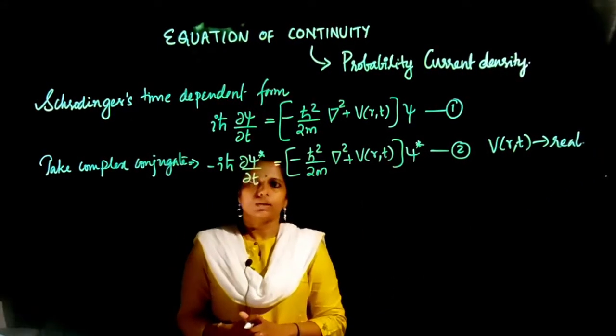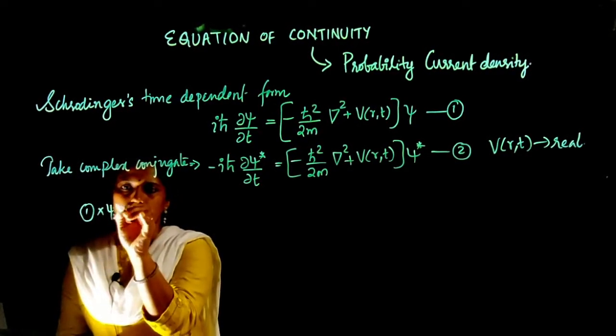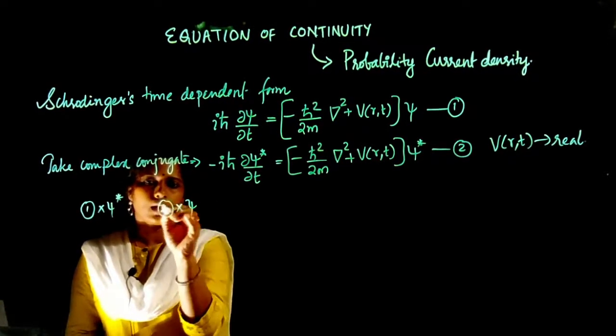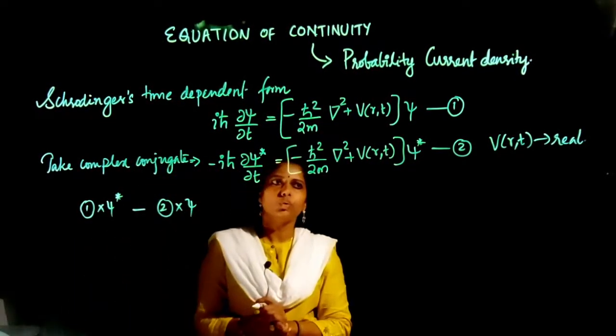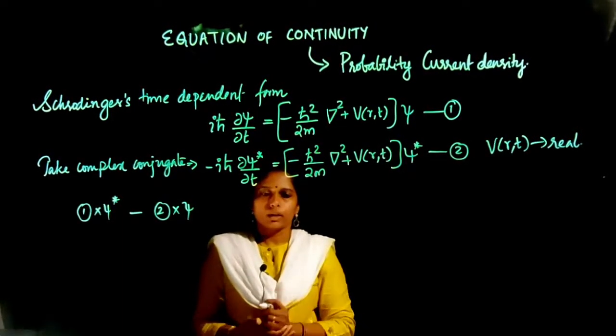Now what we do is multiply equation 1 with ψ* and equation 2 with ψ, and subtract 2 from 1. So let's write this in just one equation.